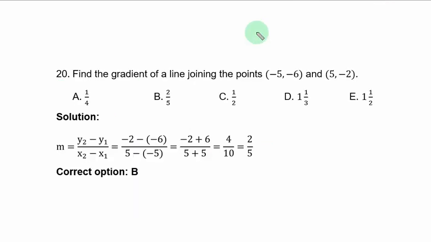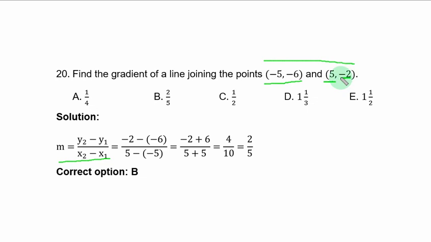Question 20. Find the gradient of a line joining the points. Now, this is the gradient formula. This is the first ordered pair. Minus 5 is x1, minus 6 is y1. 5 here is x2, minus 2 is y2.